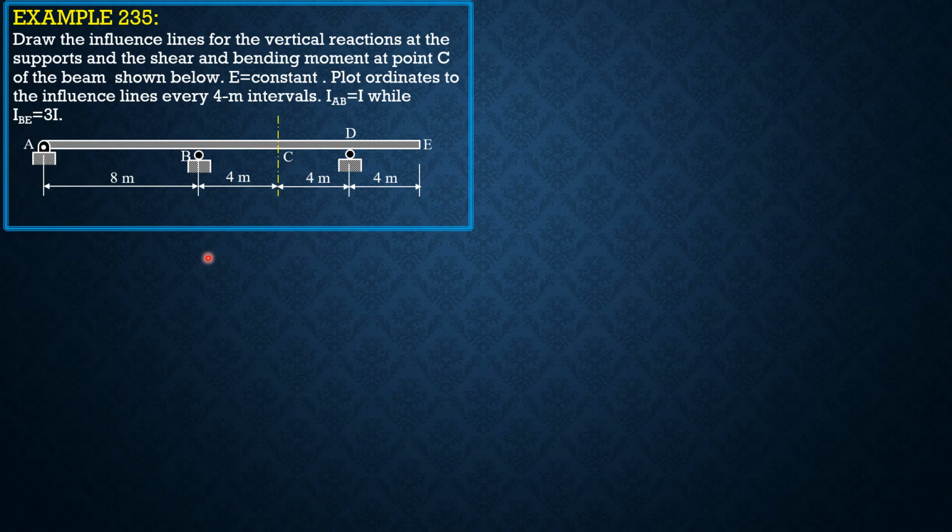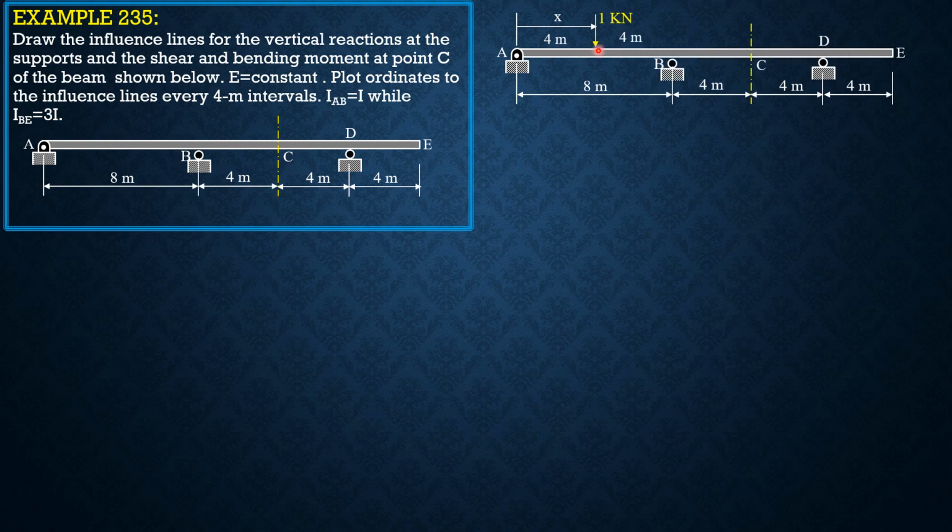So let's specifically solve the required response functions at every position of the unit load to shorten the solution. Take note that when the unit load is over a support, it's only the reaction over that support that will be 1, and the rest of the response functions will be zeros. So that's the idea.